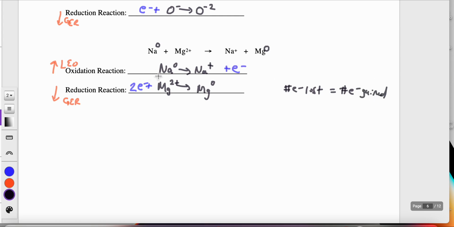So if they don't naturally equal, we're just going to keep this simple. We're going to put brackets around the half reaction with the lesser number of electrons and figure out what to multiply through by. So I would multiply everything in the oxidation reaction through by 2, so that I end up with 2 electrons lost to 2 electrons gained.